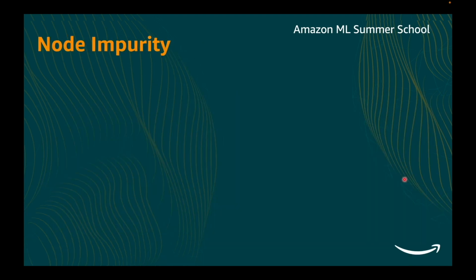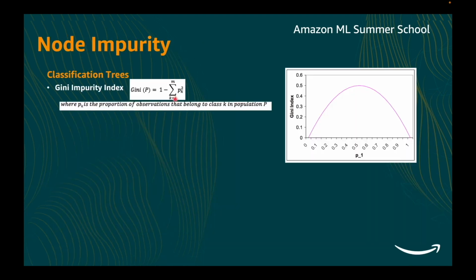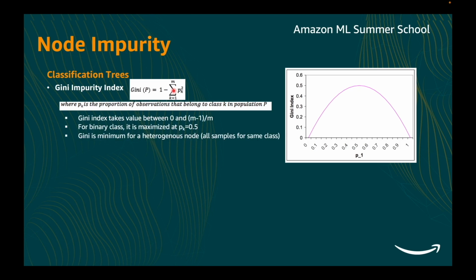We do 1 minus both of those squared terms, and we get our Gini impurity value. That becomes the impurity value for the node. The Gini impurity value takes values between 0 and m minus 1 divided by m, where m is the total number of classes. We've done our example with 2 classes, but you can have multiple classes.